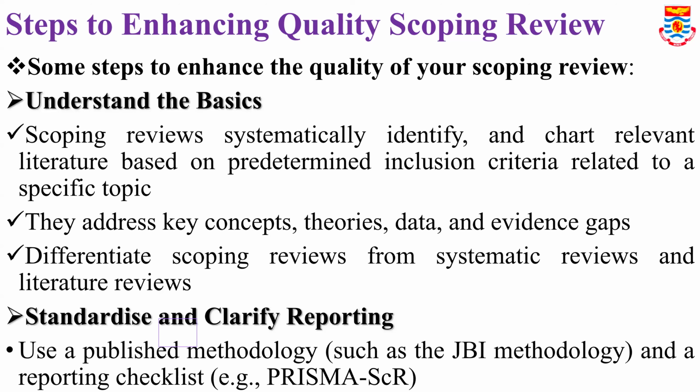So I said that point one: scoping reviews systematically identify and chart relevant literature based on predetermined inclusion criteria related to the specific topic. There is always a predetermined. Every researcher has some elements of bias in whatever the person does.